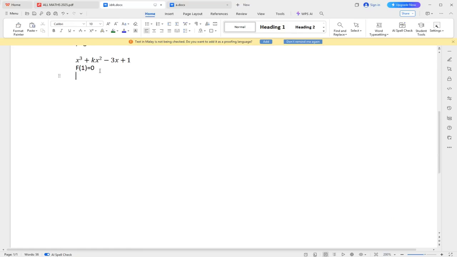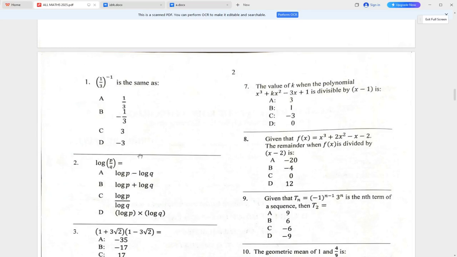Substituting 1 everywhere we find x, we have 1 plus k minus 3 plus 1 should be equal to 0. Now 1 plus 1 is 2, minus 3 plus 2 is minus 1. We have k minus 1 is equal to 0, k is equal to 1, the value of k for question 7, which is B.